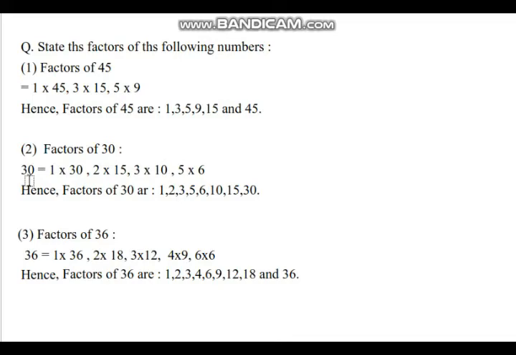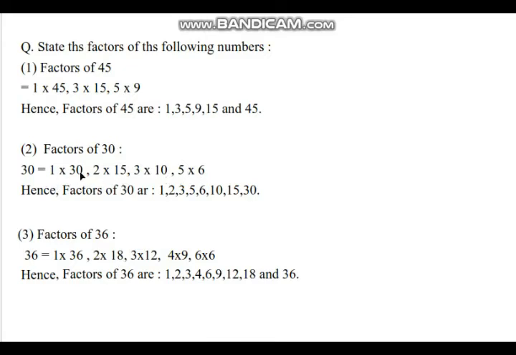Now second number, factors of 30. So which are the exact divisors of 30, or the numbers which divide 30 exactly? Table of 1, in 1 30 is coming, 2 also, 3, 5, 6, 10, 15 and 30.